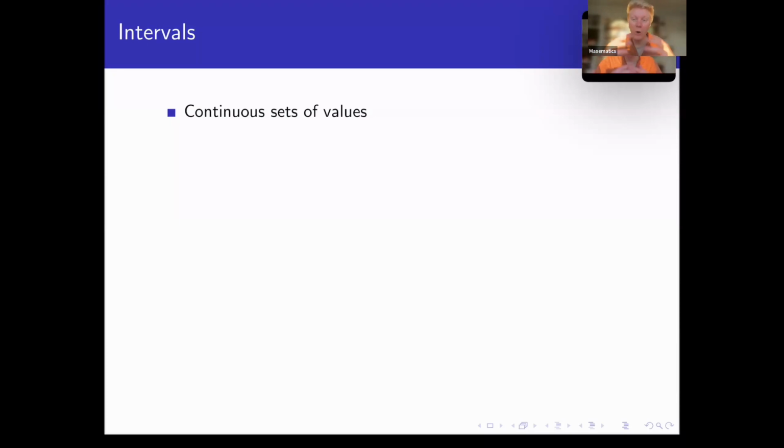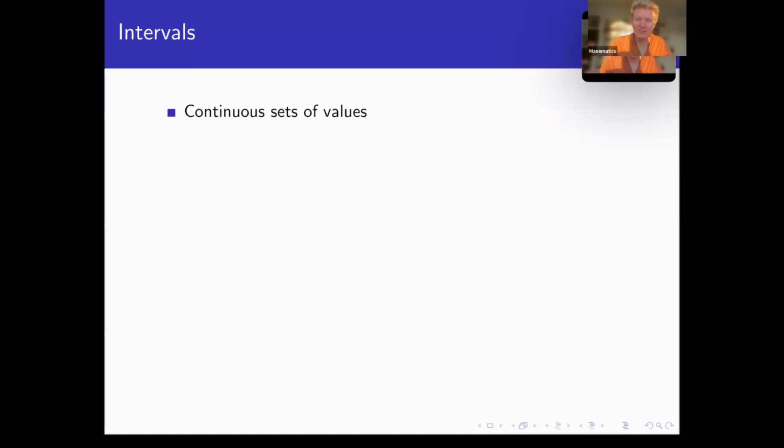We want to be able to have all the values in between, where it's not just 1 and then 2 and then 3. We want to have a nice continuous set of values, and that's where intervals come in. Not only are they going to come in, but they're also going to give us a shorthand way of even using set builder notation. Roster method can be very long.